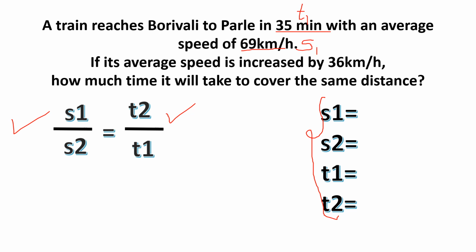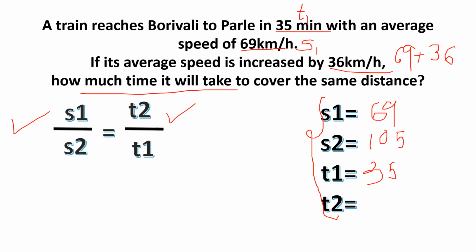So now S1 is 69 and T1 is 35. If its average speed is increased by 36 kilometers, that means I am going to add 36 to 69. 69 plus 36 is 105. Then how much time will it take to cover the same distance? That is the question mark.